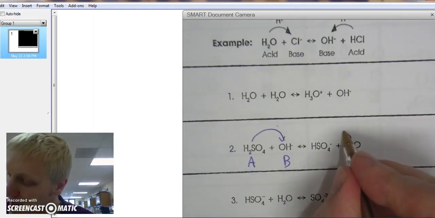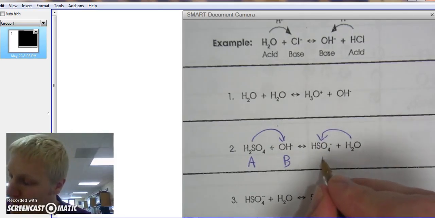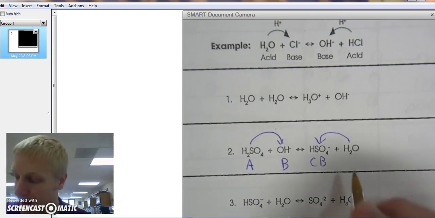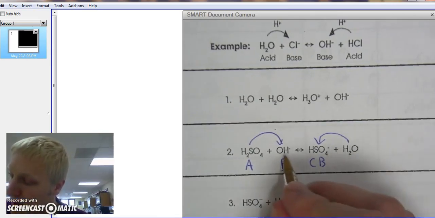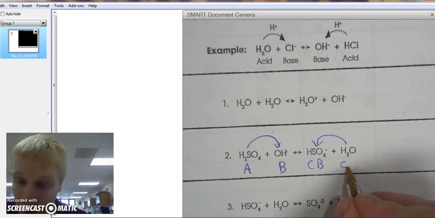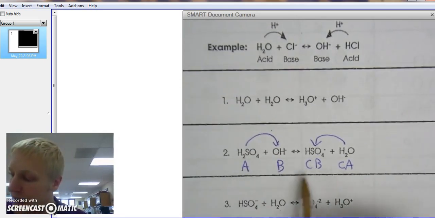So if it's gaining an H+, it's a receiver, so therefore it's a base, and we call that the conjugate base because it's on the product side. And this water turning into OH-, it loses an H+, so we call that an H+ donor, or an acid, Bronsted-Lowry acid. So we got acid, base, conjugate base, conjugate acid.